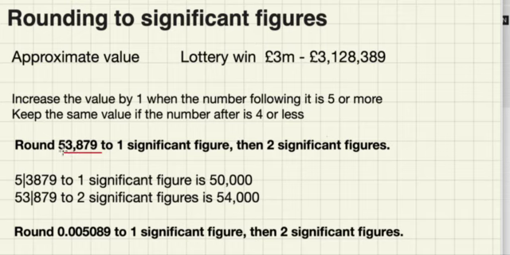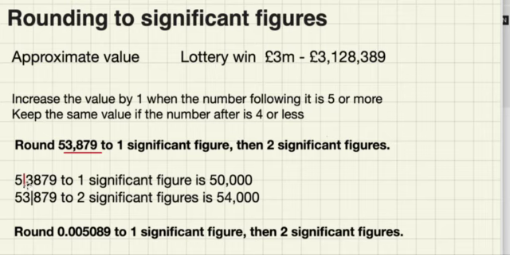And if we are going to round it to one significant figure, then we draw this line, in our minds or actually on the page. This is one significant figure.